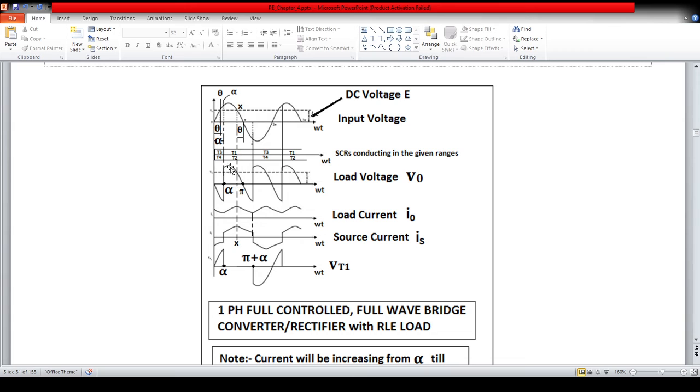At alpha 90 degrees exactly, positive part will be equal to negative part and average output voltage will be 0. When you increase alpha beyond 90 degrees, you will get lesser positive and more negative. So average output will be negative.